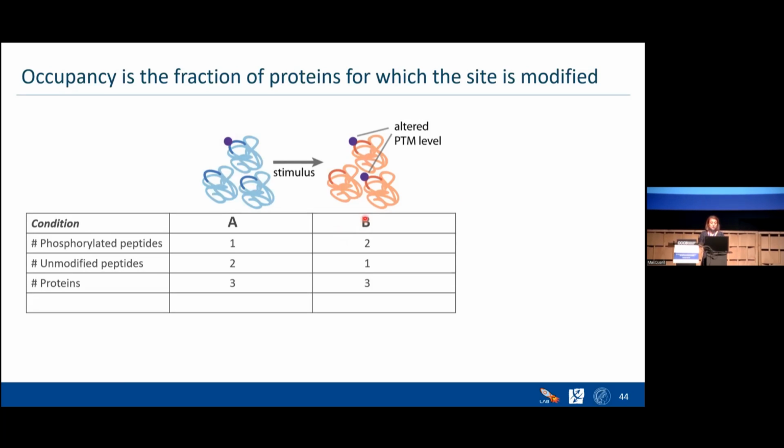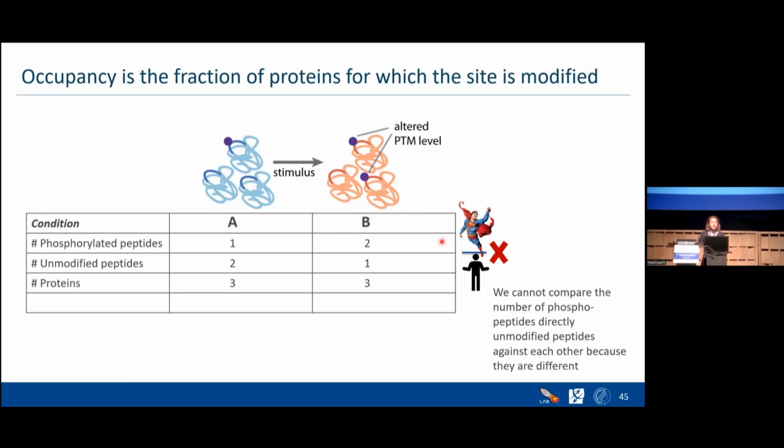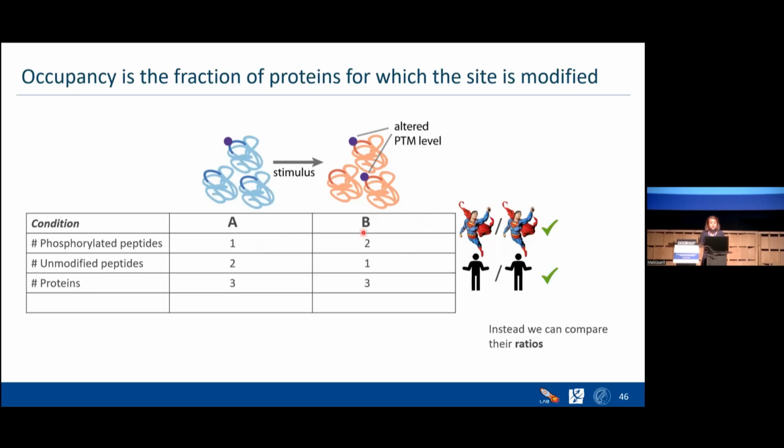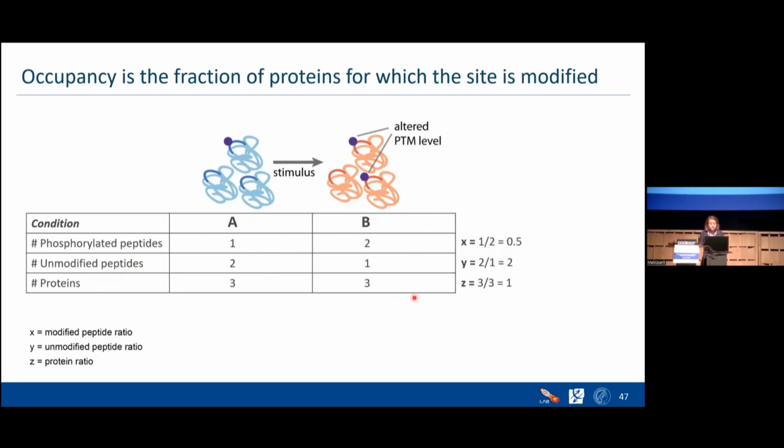But we cannot really compare these numbers with each other, right? It's like comparing our superhero against a random guy, like comparing an apple to an orange. So we need to calculate the ratios instead: the ratios of the phosphorylated peptides, of the unmodified peptides, and of the proteins.